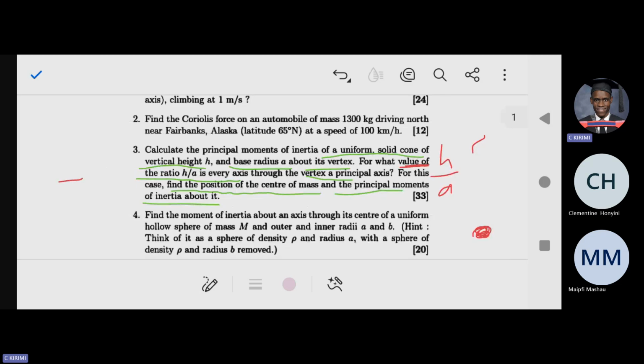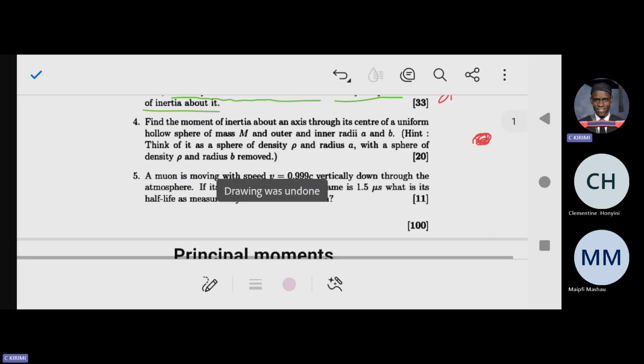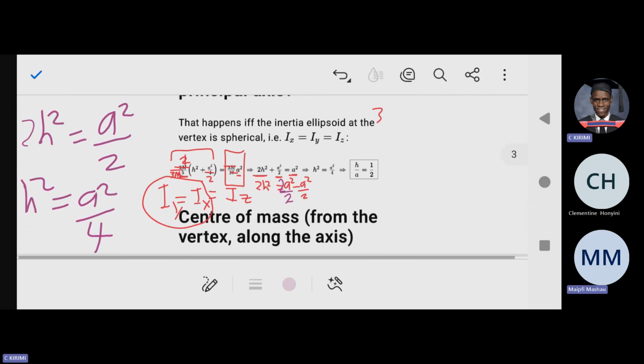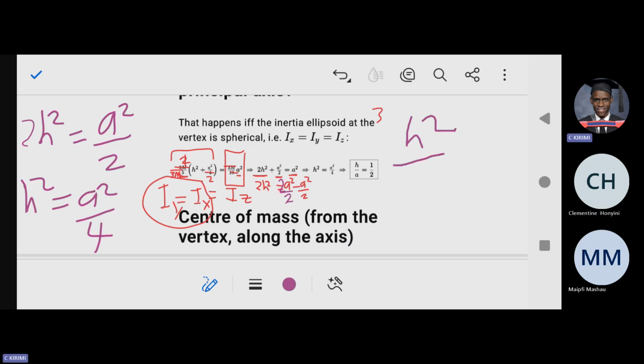It can be a principal axis only if all the moments of inertia in x, y, and z are equal. That's why we equated all the moments of inertia that we got. Now we have arrived at h squared equals A squared over 4. But my question is asking for h over a, so you write h squared, then divide both sides by A squared, and you'll be left with 1 over 4. Can you see?